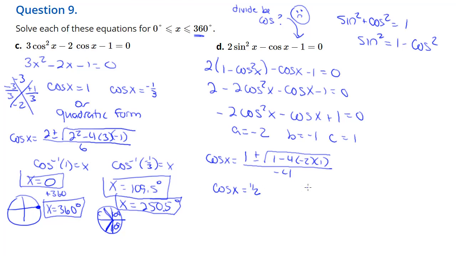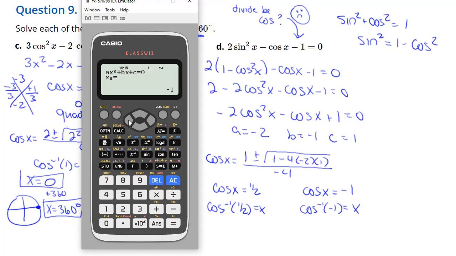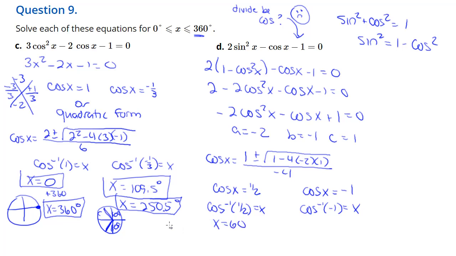So I write that down. And then I just got to finish up by taking the inverse of cosine, putting a 1/2 in there, and taking the inverse of cosine, putting a negative 1 in there. Let's get back to computations here. Inverse cosine of 1/2 or 0.5 is going to be 60 degrees.